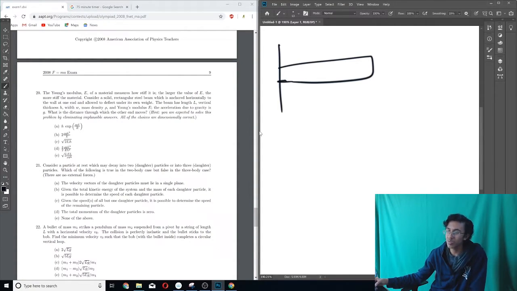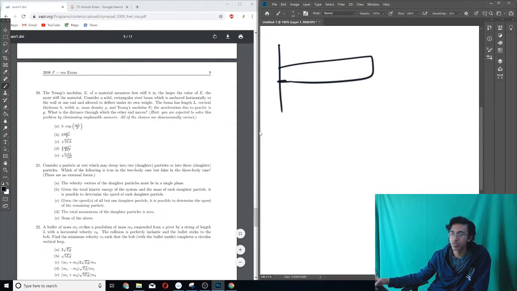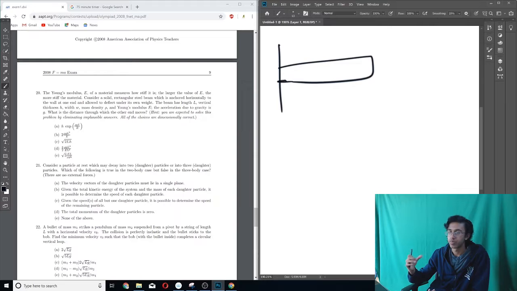Alright, so all of them are dimensionally correct, so we can't cheat with dimensionality. So we have to basically see what each variable does. So if it's thicker, it makes sense that it'll move less, right? Okay, so H should be in the denominator.